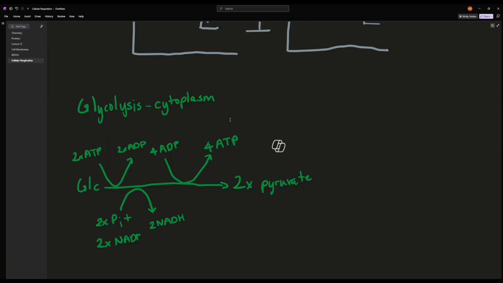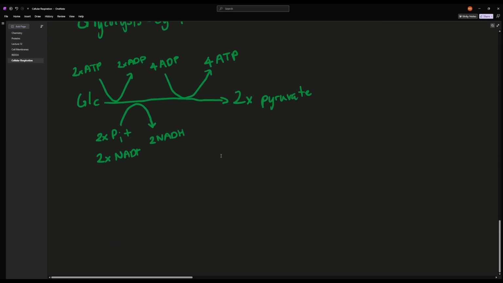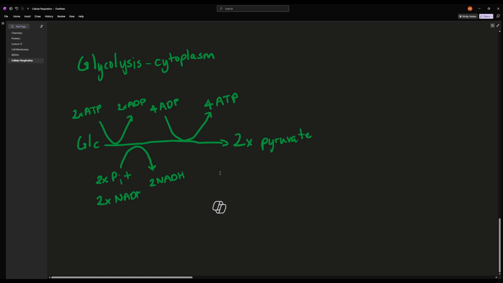That's the goal of glycolysis. It provides you with a little bit of ATP, right? Its net ATP production is 2, right? 4 minus 2 is 2. Its gross ATP production is 4. So it gives us a little bit of ATP, and it also gives us a little bit of NADH that we can use later. Okay?